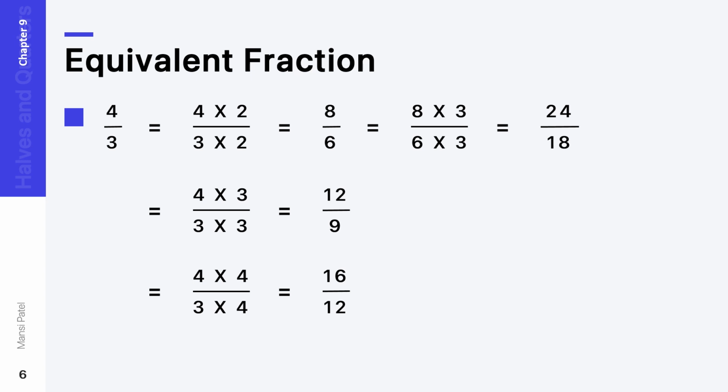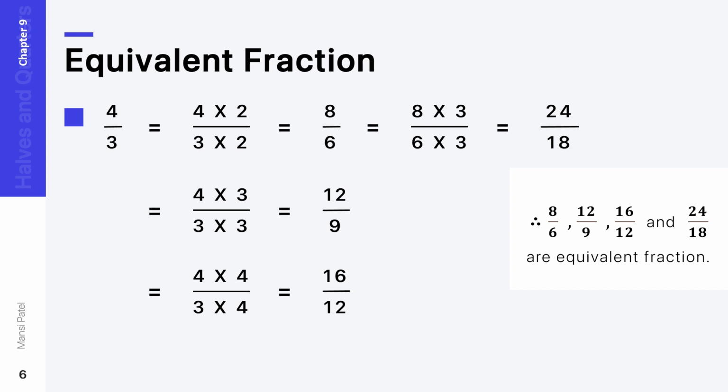These are all equivalent fractions of 4 upon 3. So we can say that 8 upon 6, 12 upon 9, 16 upon 12 and 24 upon 18 are the equivalent fractions of 4 upon 3. Let us see one another example.